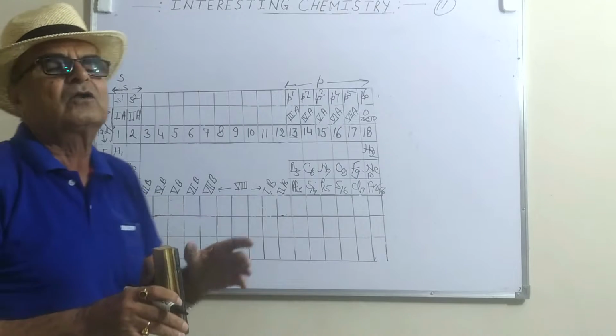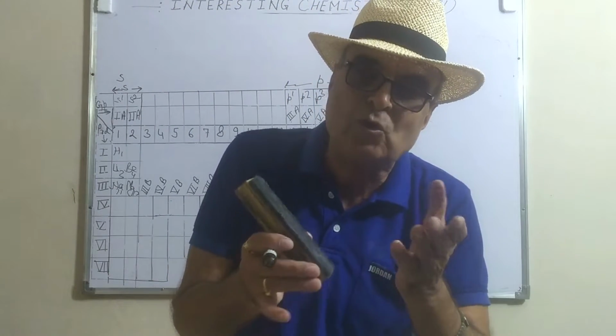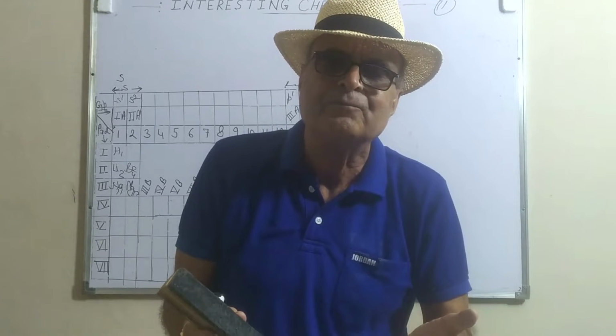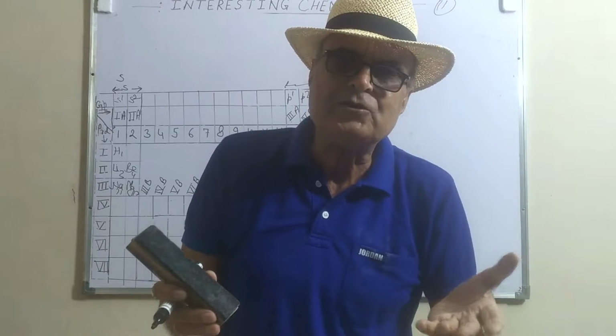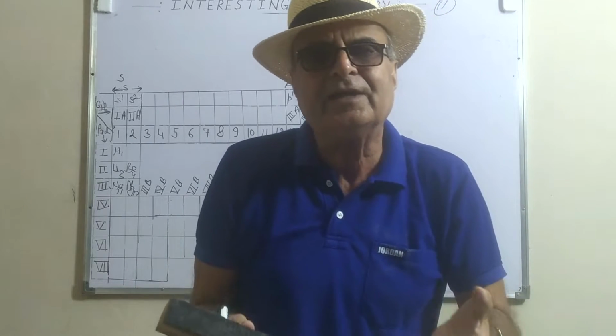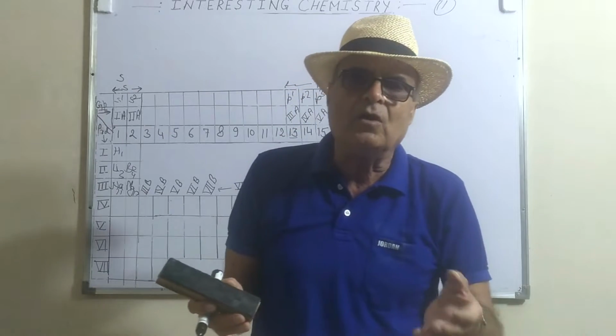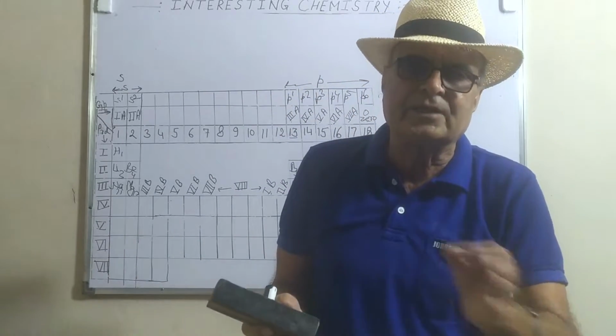So these are called short periods. Please note it. The first period is very short. The second and third are short periods. They contain only 8 elements.